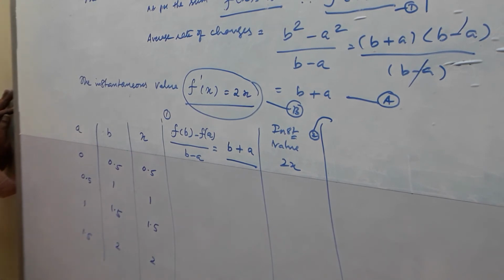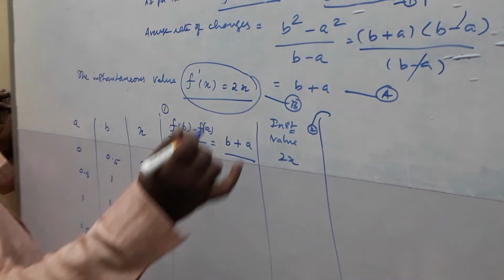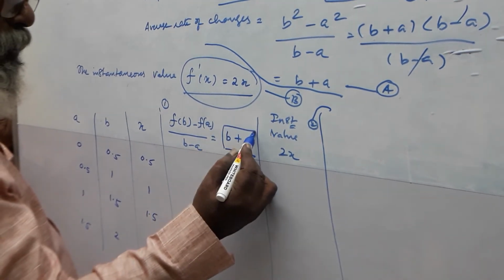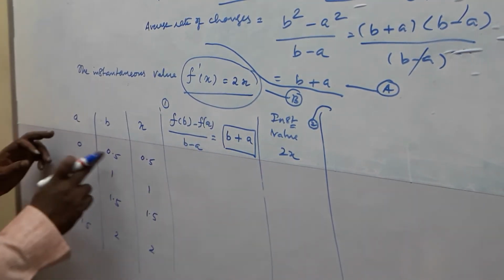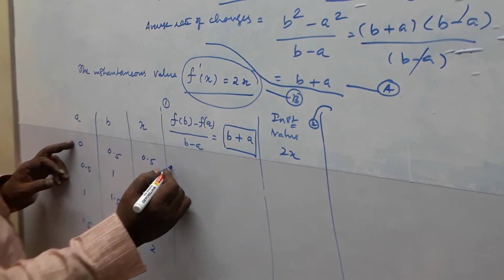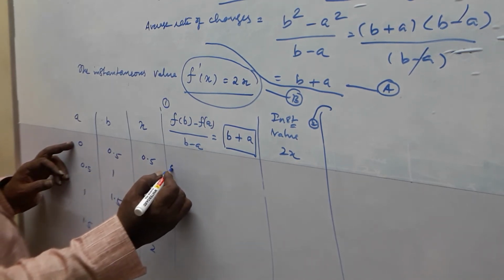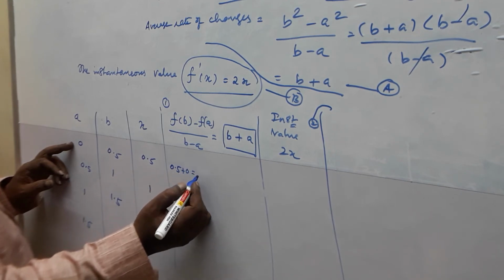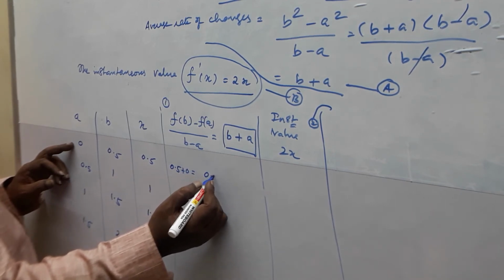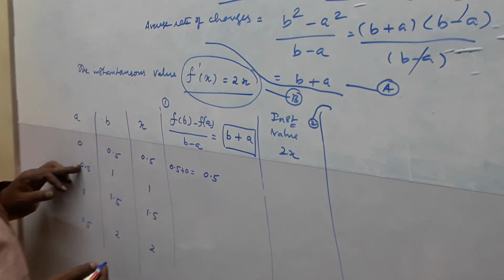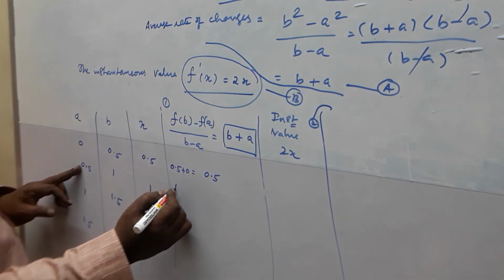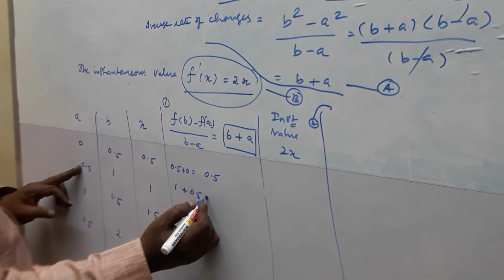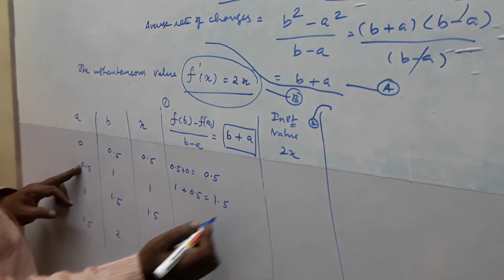Now first we have to derive the average rate of change with the help of the equation b plus a, which we already wrote here. So you have to add these two values, that's all. b means 0.5 plus a equal to 0, that is equal to 0.5. Are you clear? Likewise, consider b 1, a 0.5, that's equal to 1.5.